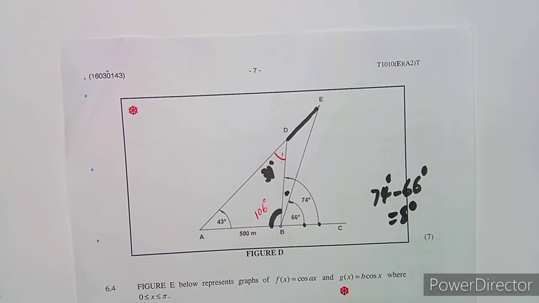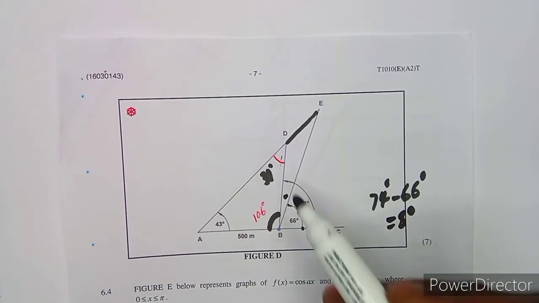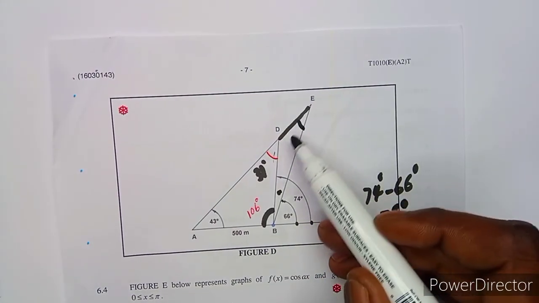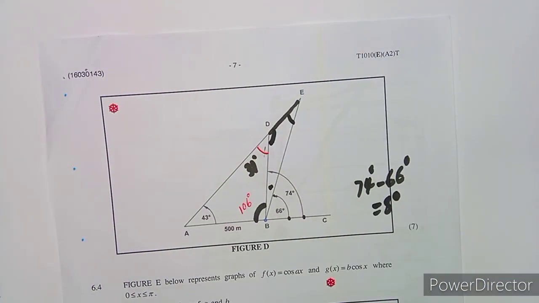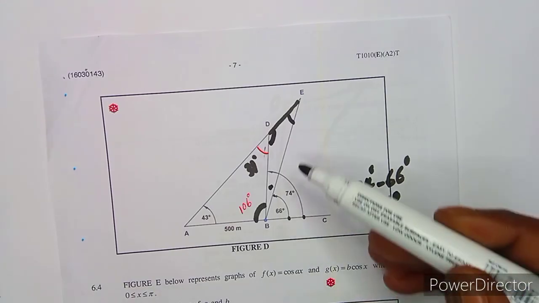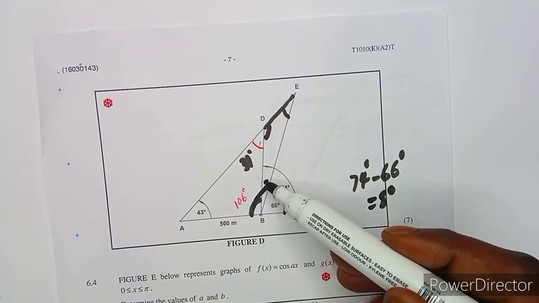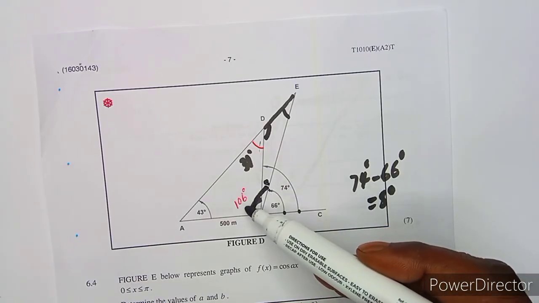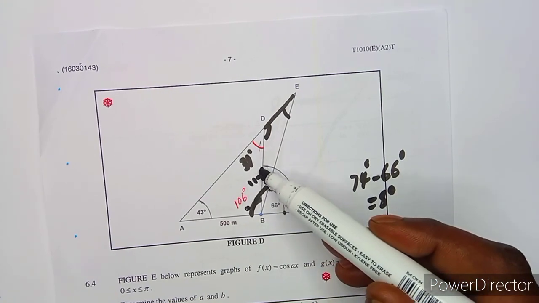Then another thing is that we can also obtain this angle at E and this angle at D. All those angles we can actually obtain. So this one at C, since we said this is 8, we add 8 plus this 106, which gives us 112 here.